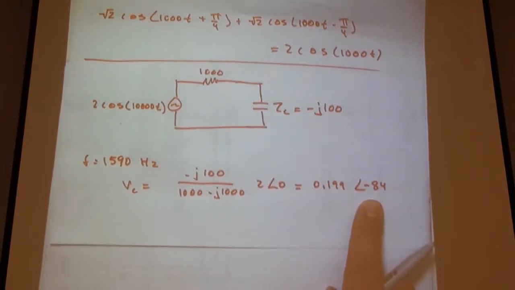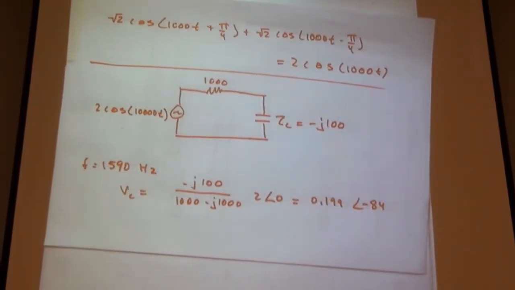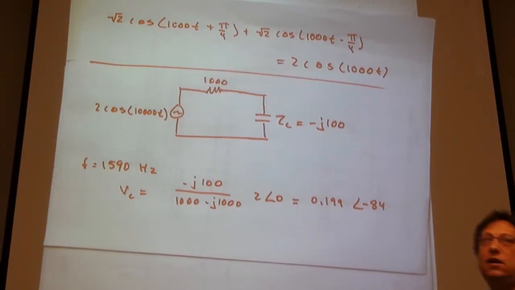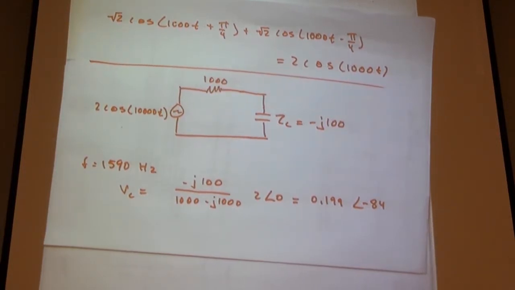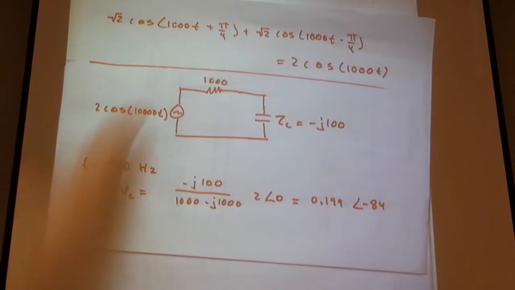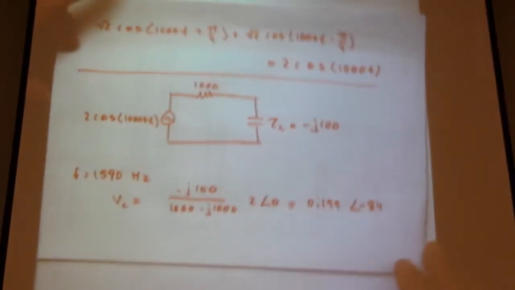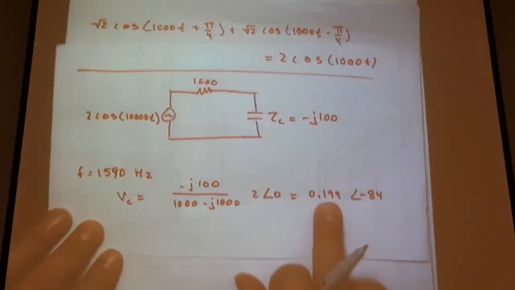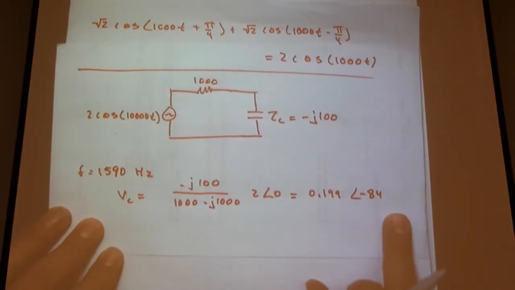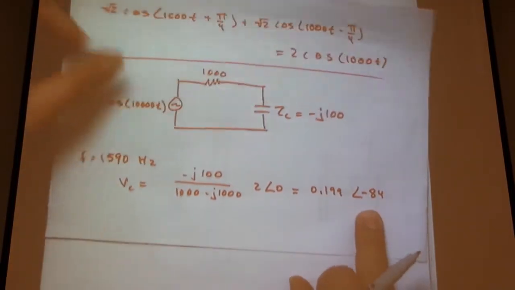So this has a lower bound of minus 90. You're never going to have a shift greater than 90 degrees. And we'll see something similar with the inductor. So this will go smaller indefinitely, and this will reach a limit of minus 90 as the frequency increases.